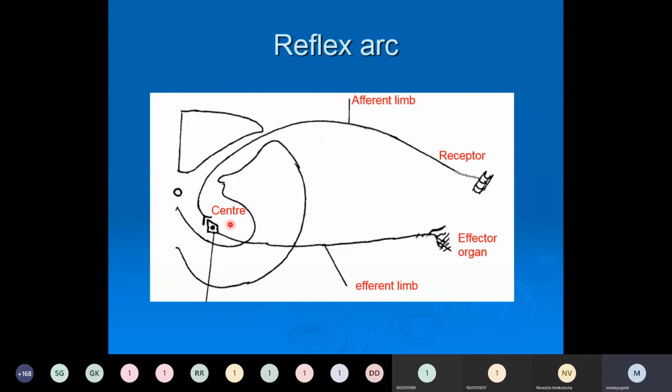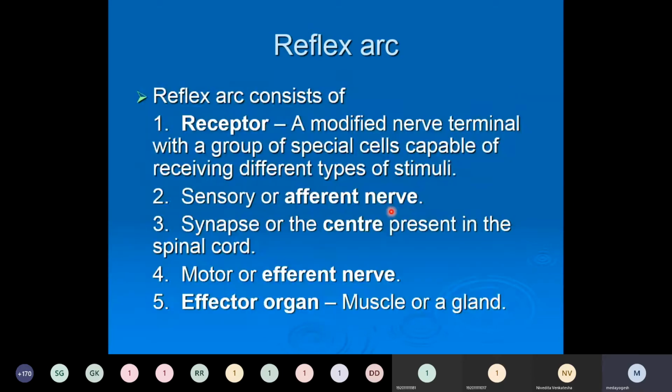Then immediately you are getting back a response. So earlier, as I was telling, there was one receptor for every type of sensation. Now it is believed that the majority of sensations are carried by free nerve endings. Earlier we thought free nerve endings carry only the pain sensation.